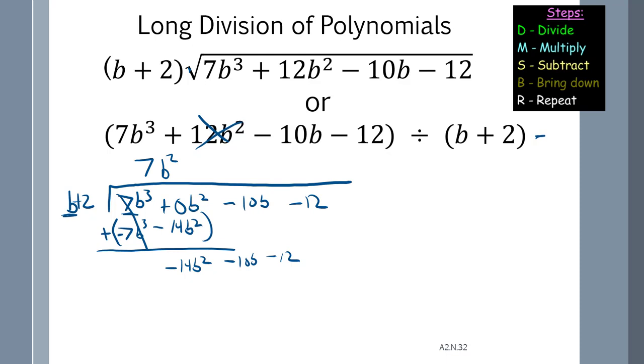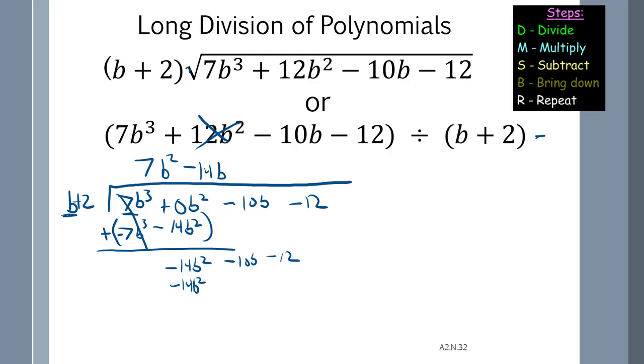So now we would say b into negative 14b squared. Again, that would be a negative 14. And then we'd say times b, because negative 14b times b will give you a negative 14b squared.